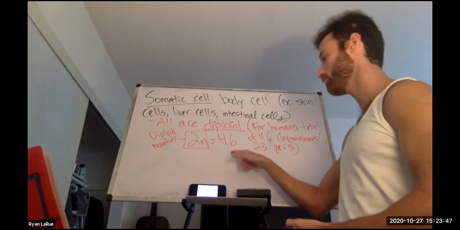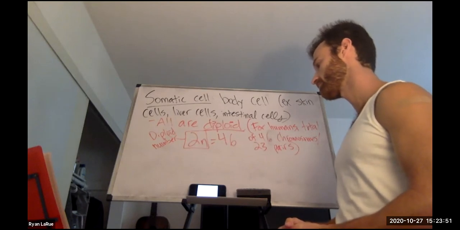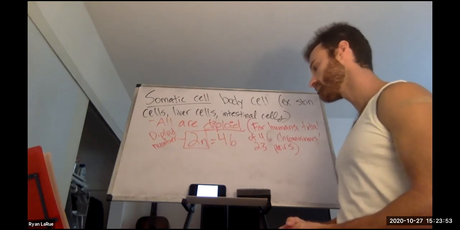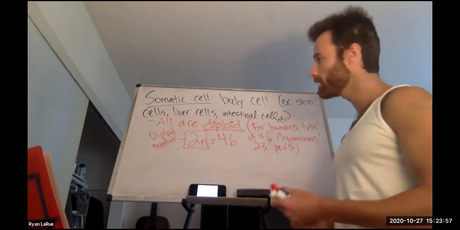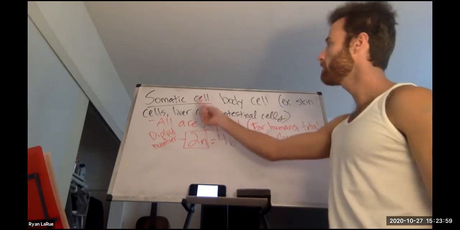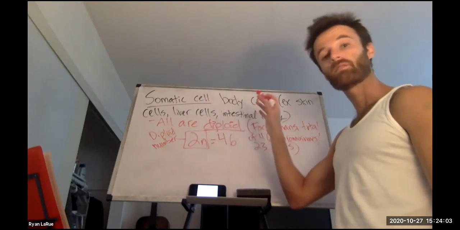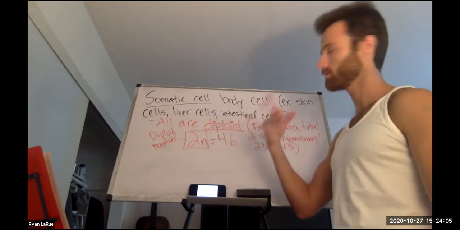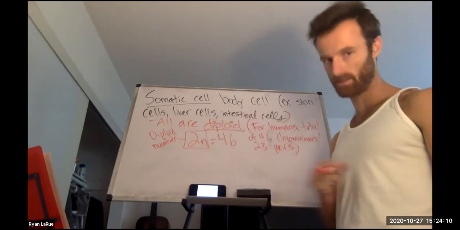So this is the total chromosomes. The other key thing here is that all of our somatic cells are diploid cells. They have 2 sets of chromosomes, total 46. So any one of these cells is going to have 46 chromosomes in it.